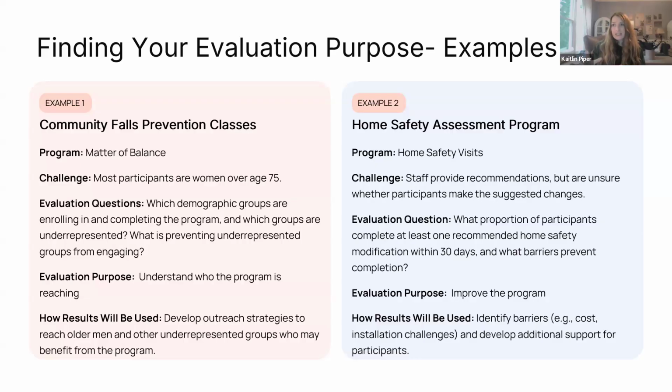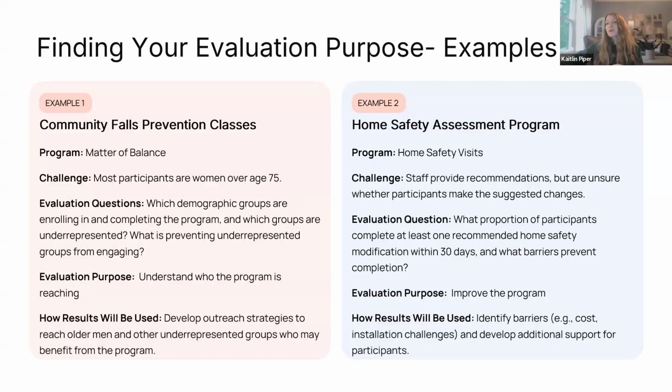In the second example, a home safety assessment program has a different challenge. Staff provide recommendations, but they don't know whether participants are actually making those suggested changes. This leads them to a different evaluation purpose. They want to understand what proportion of participants are completing their home safety modifications within 30 days and what barriers are preventing completion.